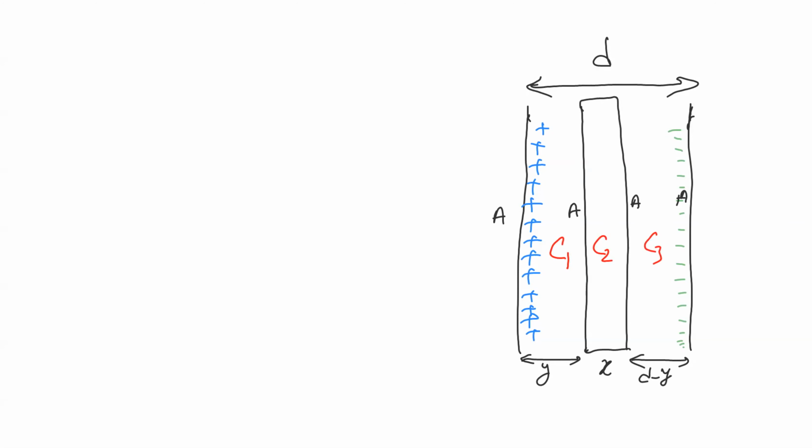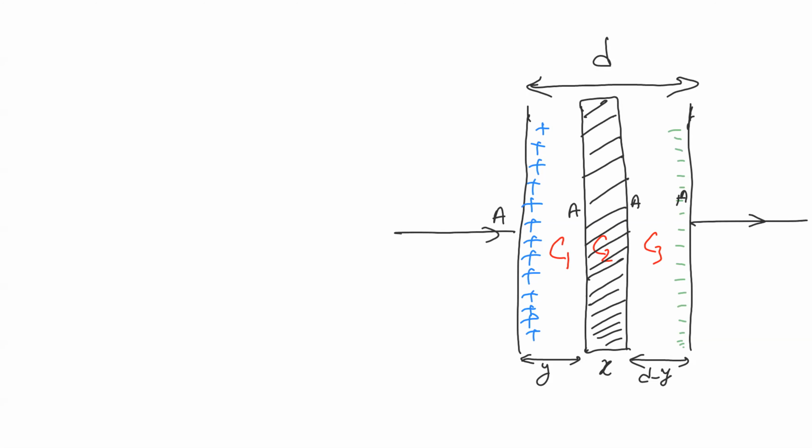C2 is the capacitor having the dielectric. Which combination are they connected in? If the charge goes from here, it has to come out from here. So they all are connected in series combination.